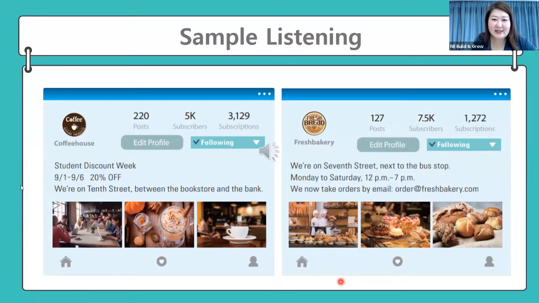Once they have all those words in their head, now we can expand a little more with these fun activities. If you look at these two graphics on this PPT, yes, this page is similar to some of our favorite places, Instagram pages, right? And on top of that, you and your students are going to listen to this audio file. After that, what I want you to do is correct the information that is wrong, right?